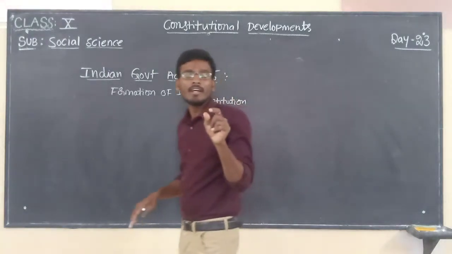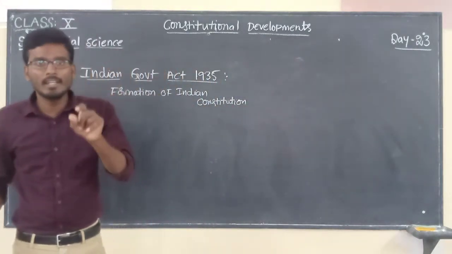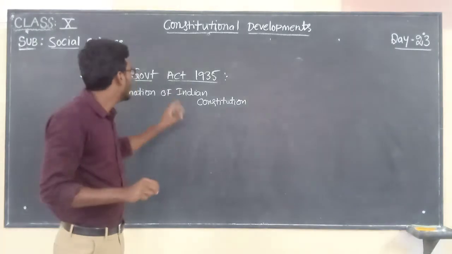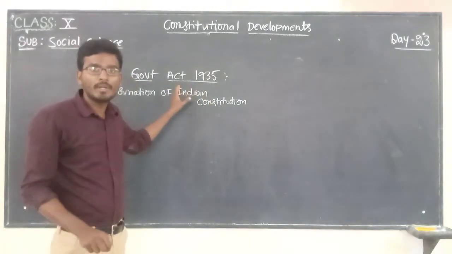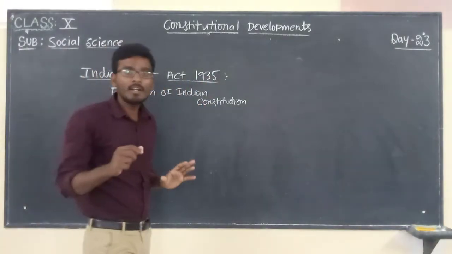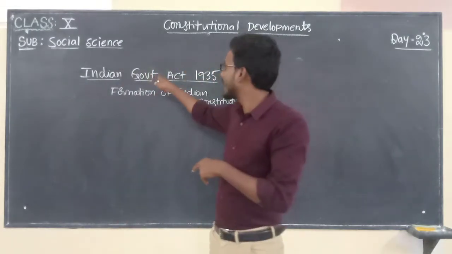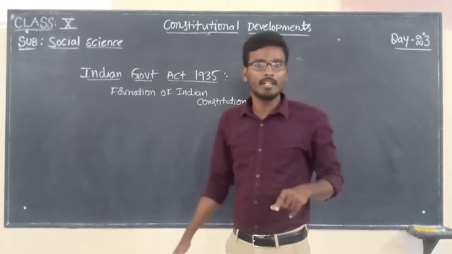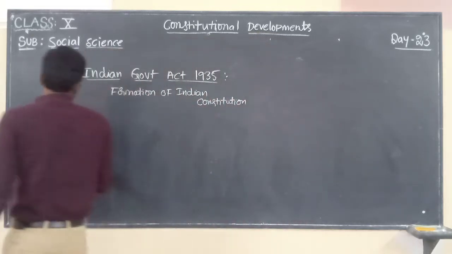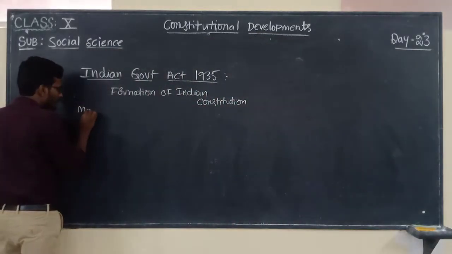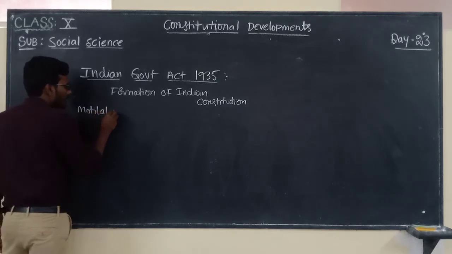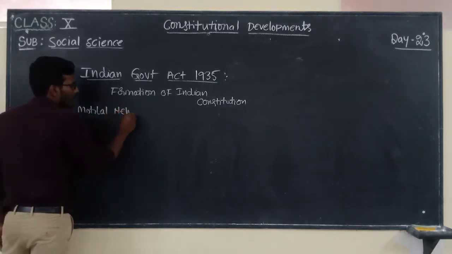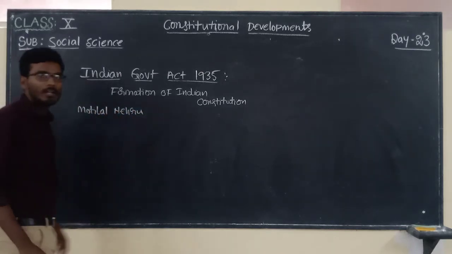That is the reason why the Indian Government Act 1935 is a base for the formation of the Indian Constitution. Then what is the base for this act? There is one base for the Indian Government Act 1935, which is nothing but the Motilal Nehru report.